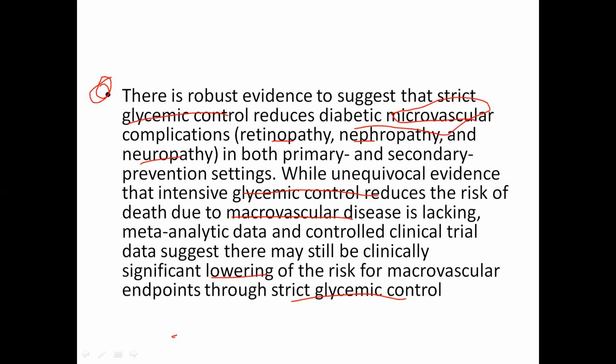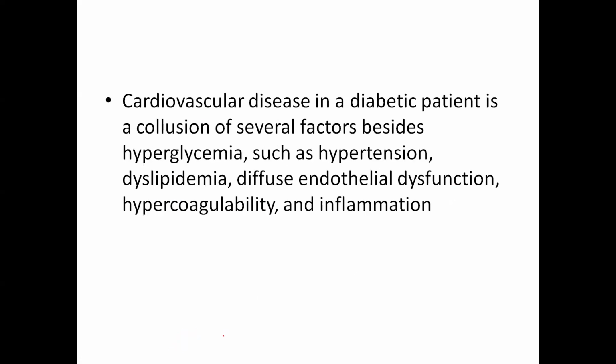macrovascular complications are like peripheral artery disease, cardiovascular disease, as well as cerebrovascular accidents. So cardiovascular disease, for example, this is cardiovascular disease, and this is a macrovascular complication. Macro, large blood vessels.